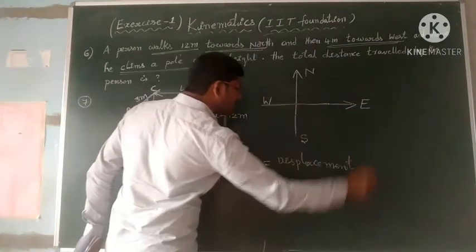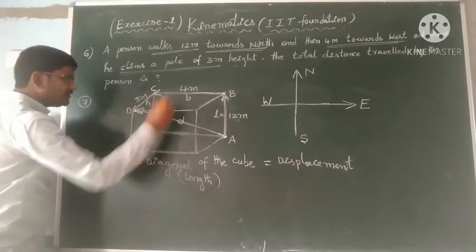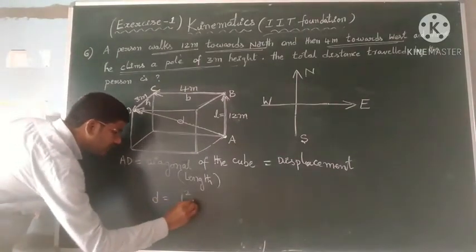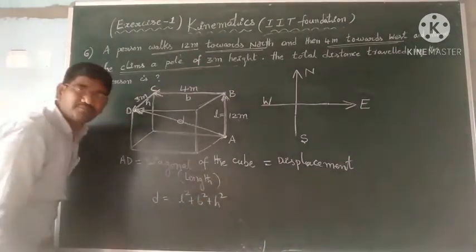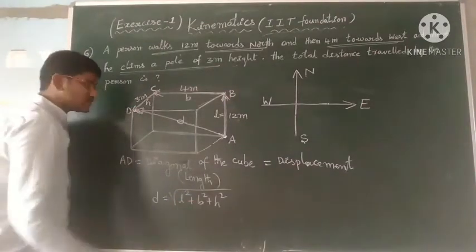This is called displacement in this situation. So the displacement is the diagonal of the cube. D is equal to the square root of L squared plus B squared plus H squared.